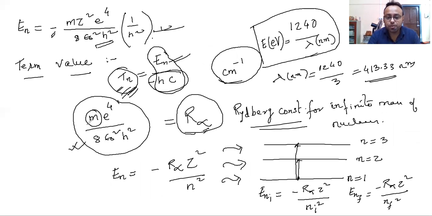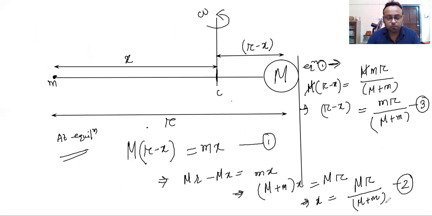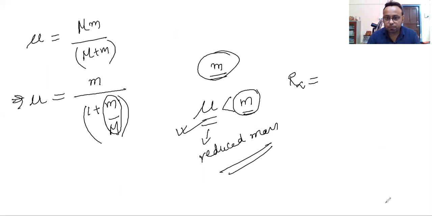That will be a new Rydberg constant, isn't it? So say we are now studying the variation of the Rydberg constant with the reduced mass.